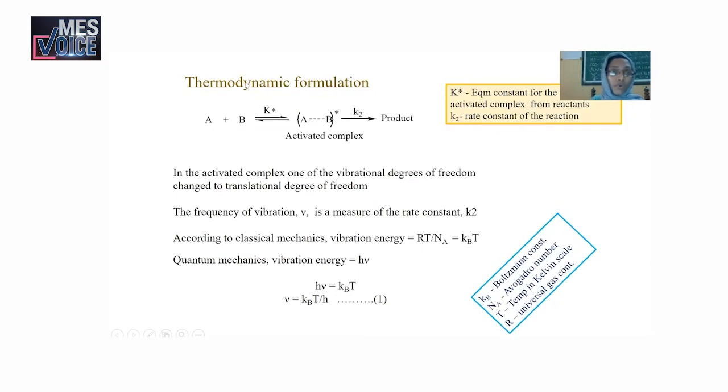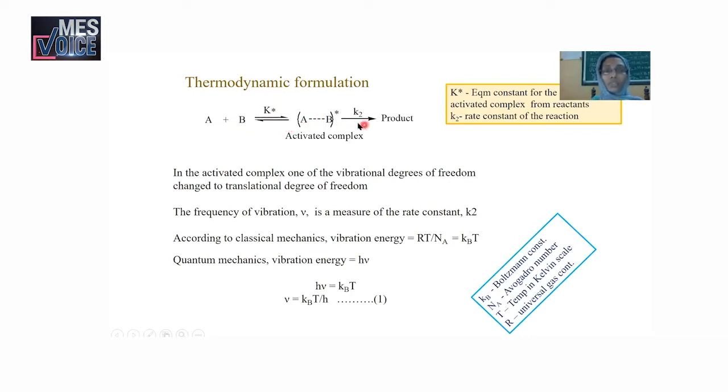Then the thermodynamic formulation to derive the rate equation for the reaction based on the activated complex theory. Consider the above reaction, A plus B giving the activated complex, and then it is converted into product. K star indicates the equilibrium constant for converting the reactants into the activated complex, because it is an equilibrium reaction.